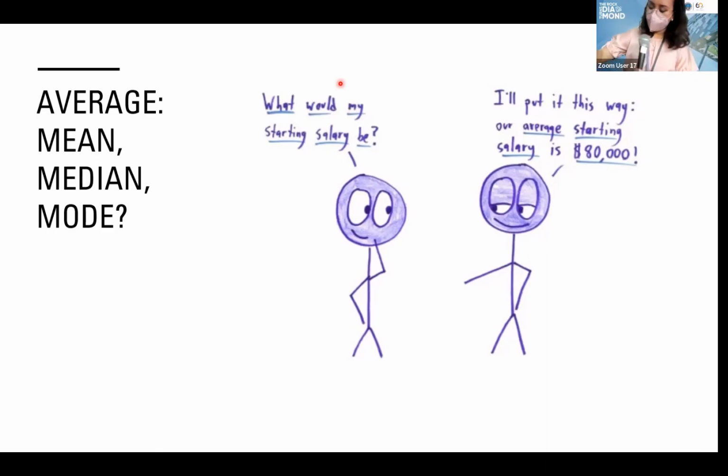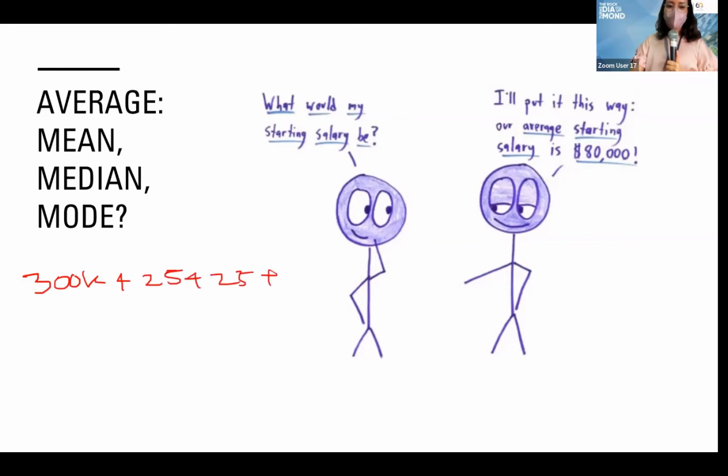And for this one, let's say there are 5 people there, and then the CEO has 300,000, and the rest have 25,000.